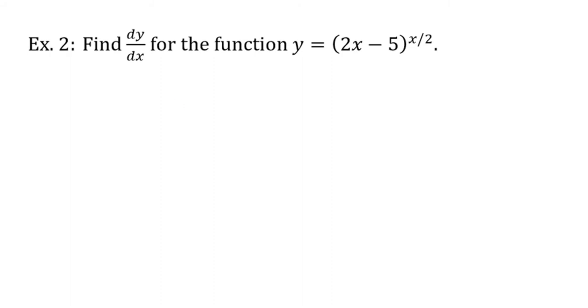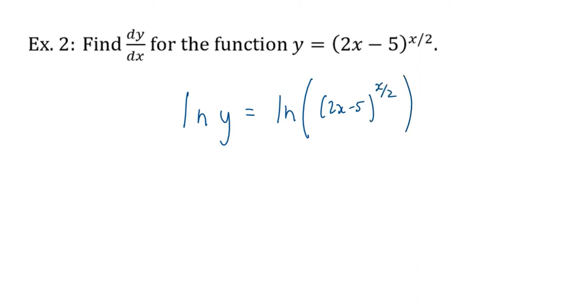So before we start, we're going to take the ln of both sides. Okay, so I get ln of 2x minus 5 all to the x over 2.